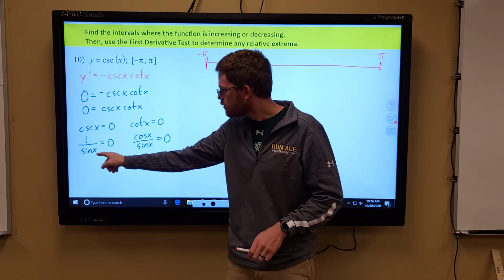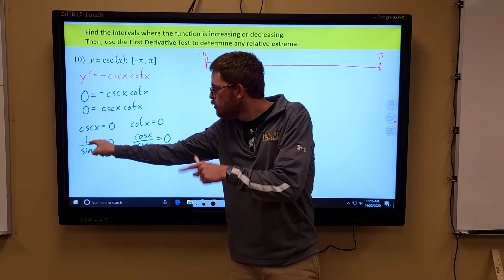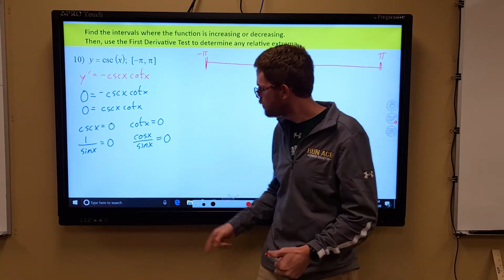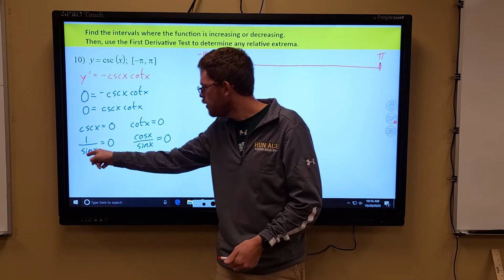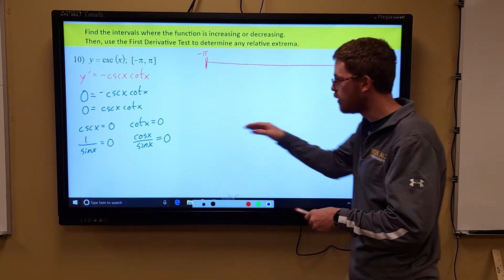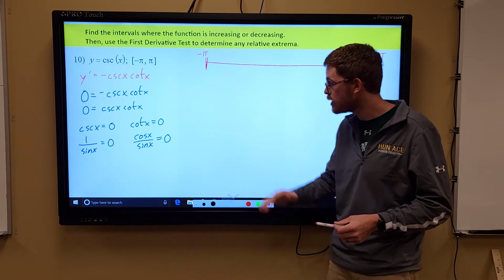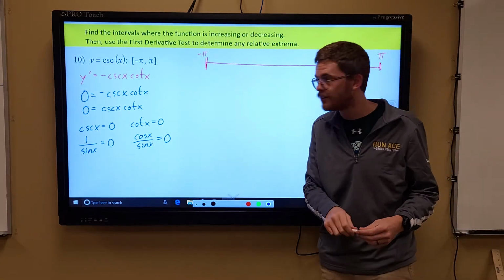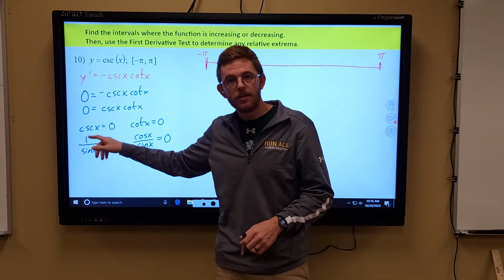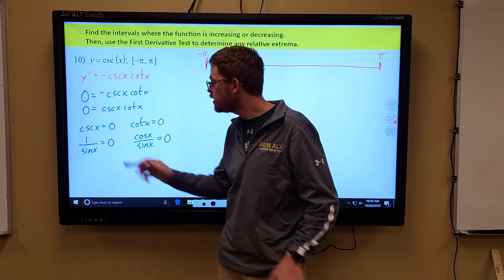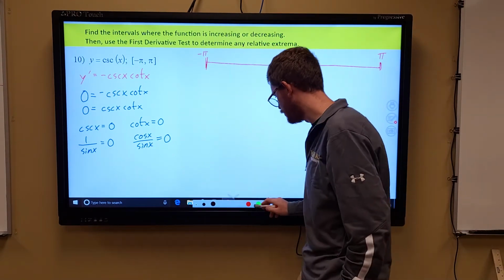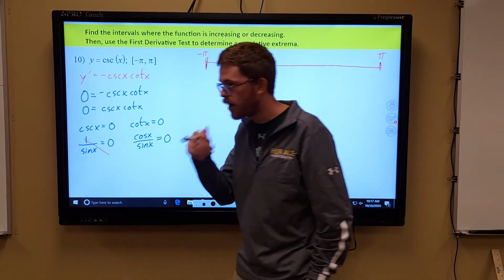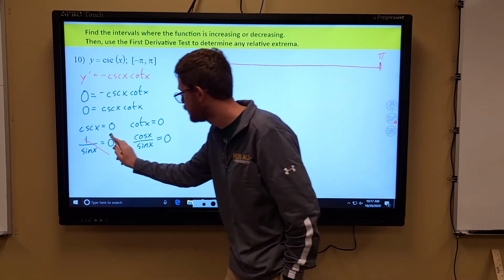Well, because the numerator is not 0, this right here will never equal 0. And we did just kind of mock up the cosecant of x function. It never crossed the x-axis. So this will never happen. Cosecant of x will never equal 0. So we don't get any critical values out of that one right there.